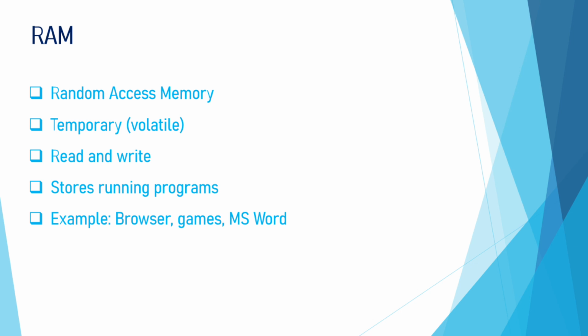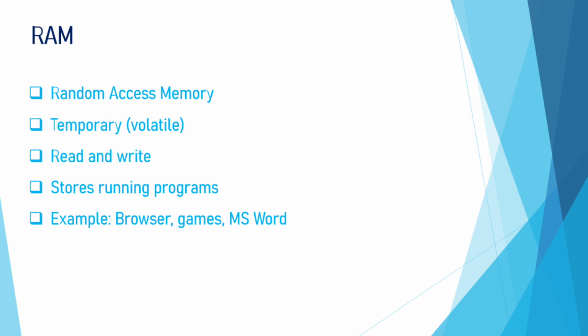For example, if you are browsing the internet, watching YouTube and preparing a PowerPoint at the same time, all these programs are loaded into RAM. RAM allows the CPU to access them quickly.